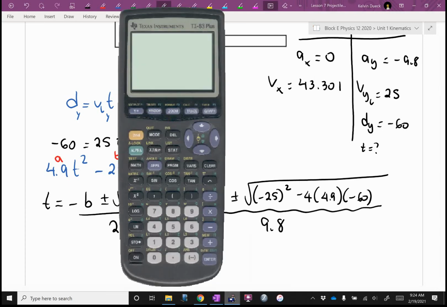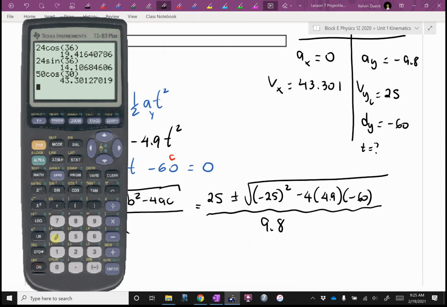I'm going to try doing this in one step. So, is this a fraction? Yeah. Brackets around the top. 25 plus square root, open up a bracket. It's negative 25 squared. Emily, when I square a negative, what's a negative squared? Does it stick around or does it vanish when I square a negative?